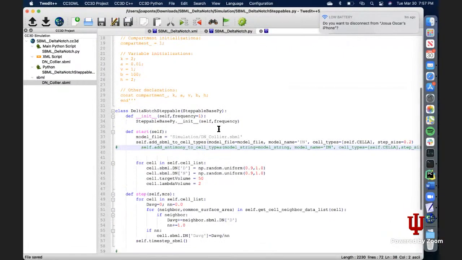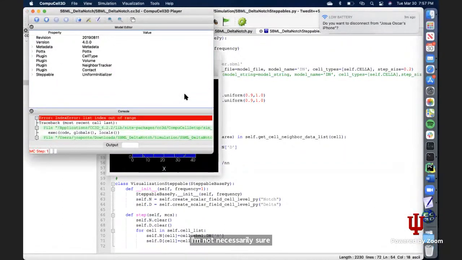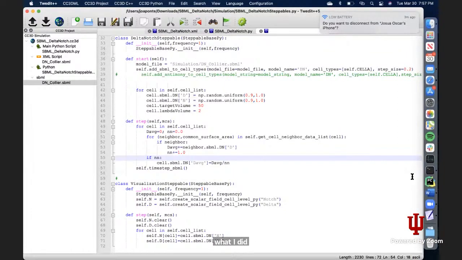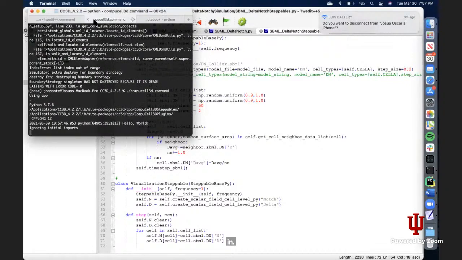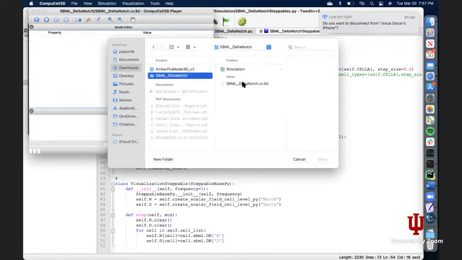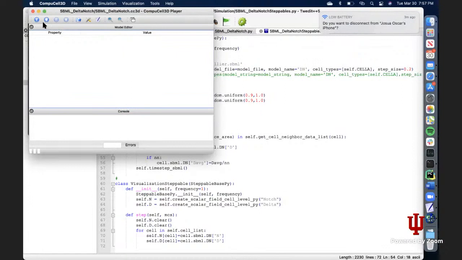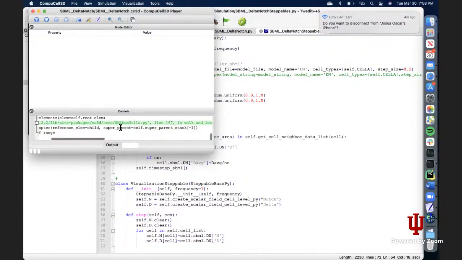I'm not necessarily sure what I did. XML element adapter.